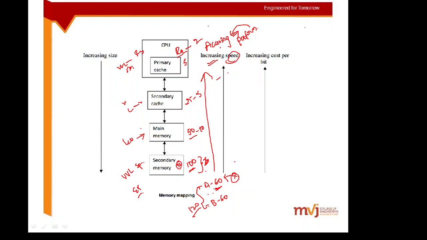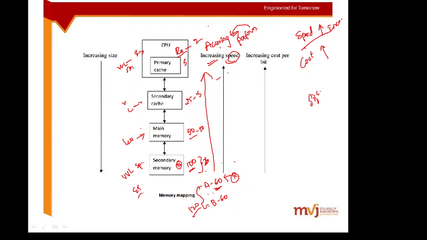So here the speed is increasing, and we are going to talk about the cost and the size. Whenever the speed is increasing, the cost is also increasing. Why?